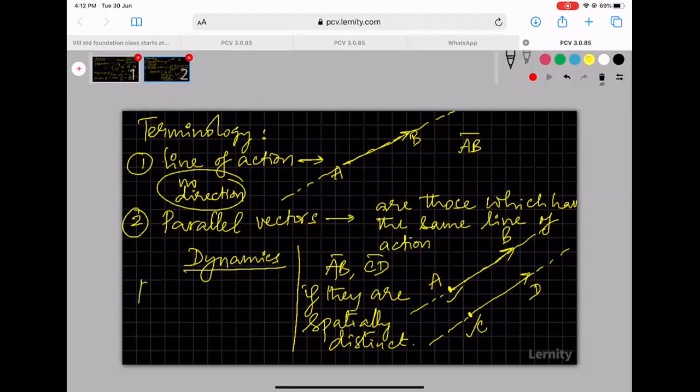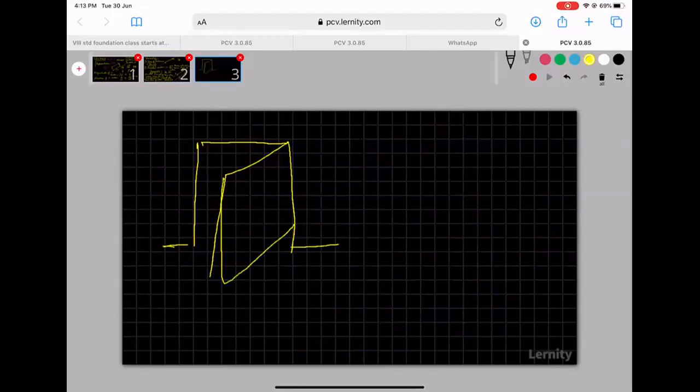See here. Say for example, there is a door. This is the door we have. Based on where I apply a force, the door will start rotating. If I apply a force here, the door will turn this way towards the closure.